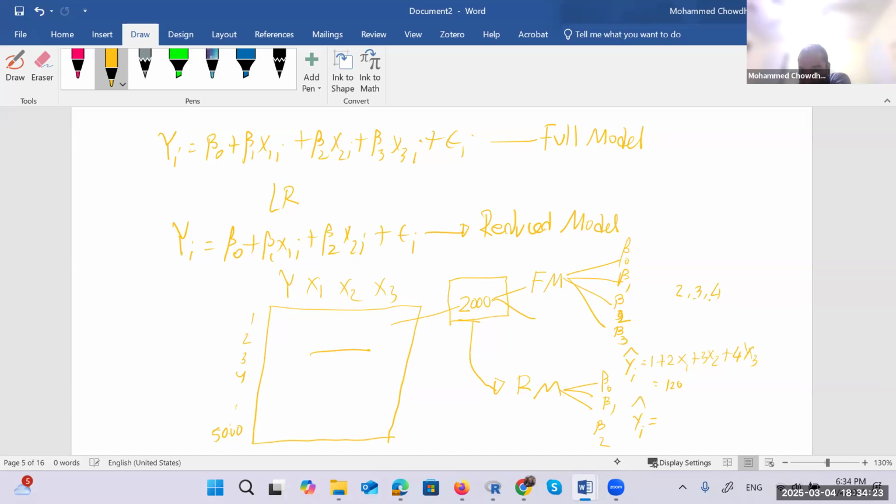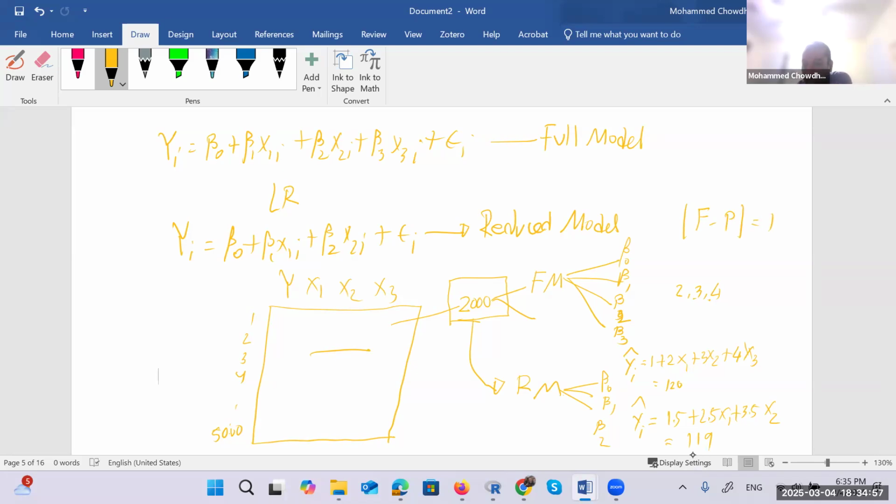Suppose this is equal to 1.5 plus 2.5 x1 plus 3.5 x2. Now suppose I got the value 119 here. So this is coming from the full model, and that is coming from the partial model. I take the absolute difference, full minus partial model, and I got a difference of 1.